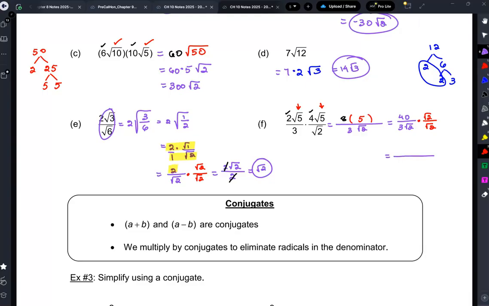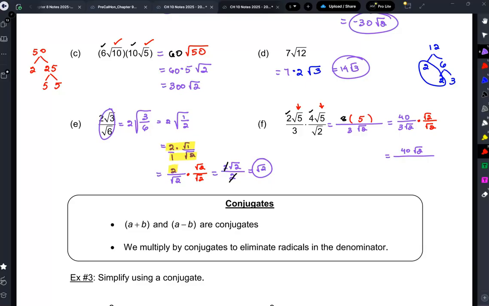So let's see. What do I have in the numerator now? 40 times what? So it's just 40 times root 2. That's it. Because one is outside, one is inside, they can't combine.